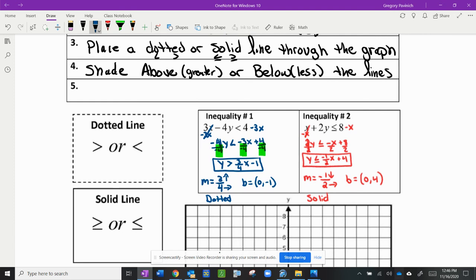So on equation number 1, the mouth of my inequality is opening towards the y, so I know that that's greater. So I also know I'm going to shade above. On my second equation, the mouth of the inequality is opening away from the y variable, so it is less, so I'm going to shade below.